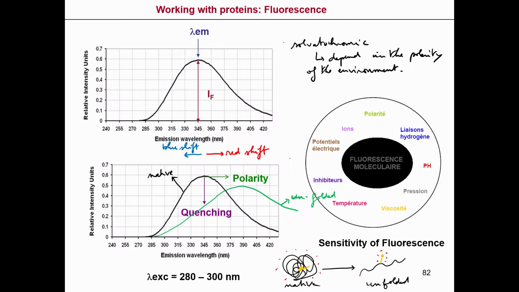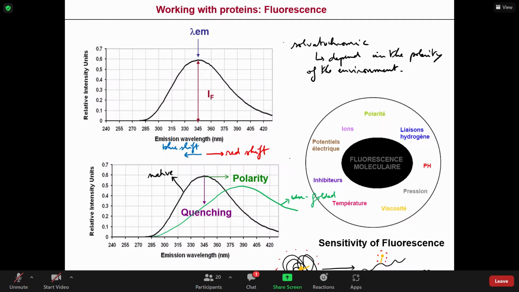So let's see the exercise. Does that mean when tryptophan is exposed to solvent, tryptophan will emit? Yes, you're correct. When tryptophan is exposed to water, tryptophan will emit fluorescence at higher wavelengths.